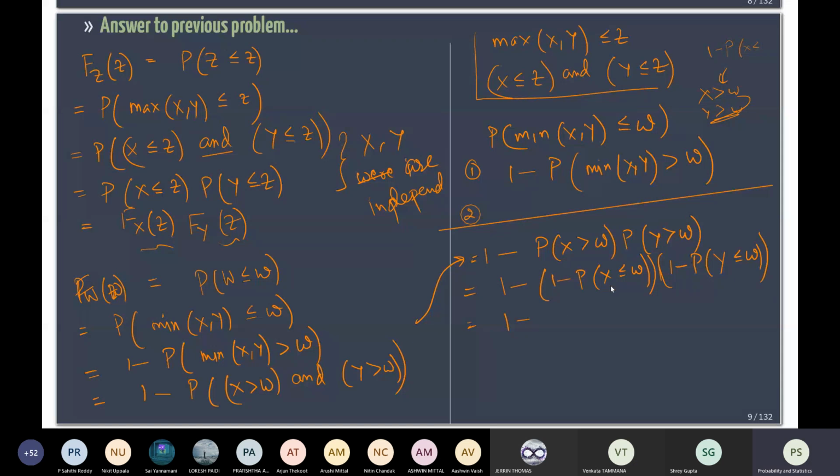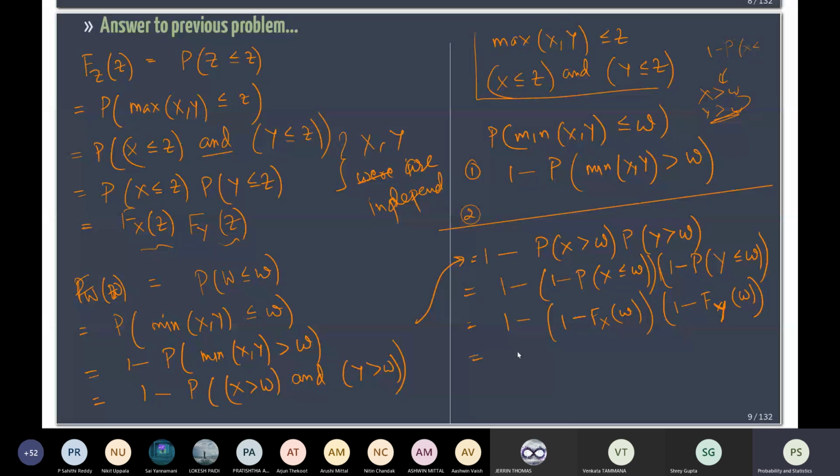So now we have this, right? So 1 minus, and this is the CDF of X at W, and then 1 minus the CDF of Y at W, okay?